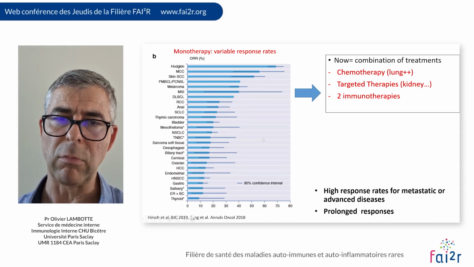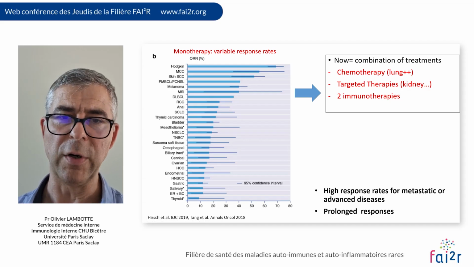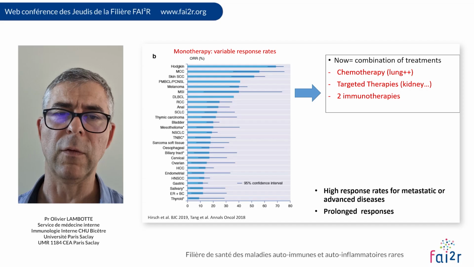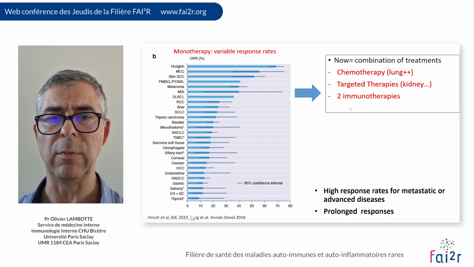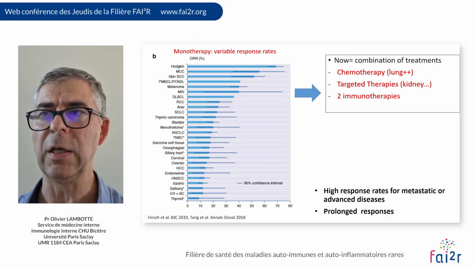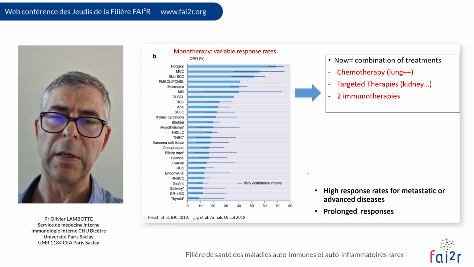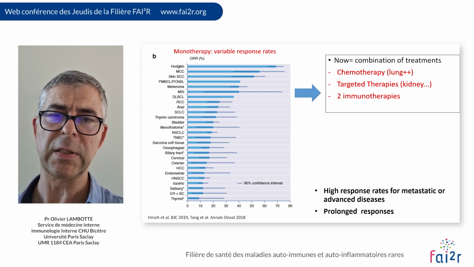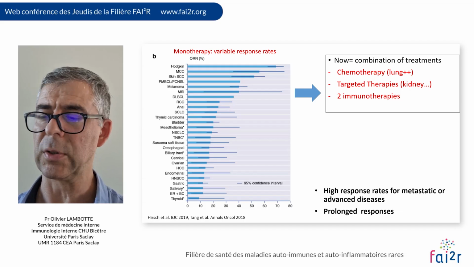This explains why the strategies in oncology have varied a lot, and now these treatments are given in combination. You combine chemotherapy and immunotherapy, for example, in lung cancer, targeted therapies and immunotherapy in kidney, or 2 immunotherapies. This can get higher response rates from aggressive tumors, metastatic tumors, and prolonged responses.